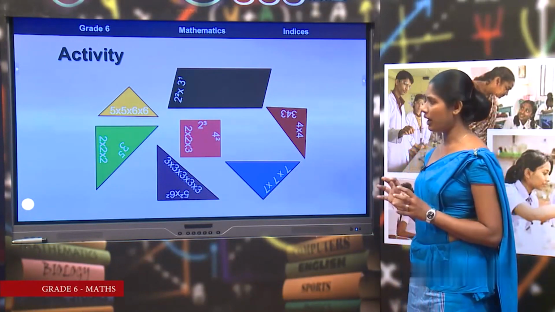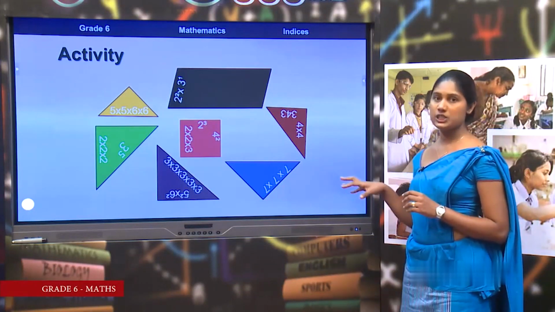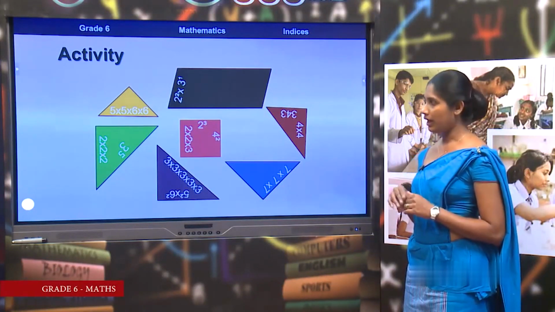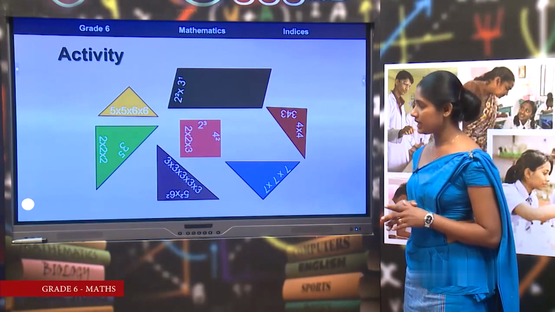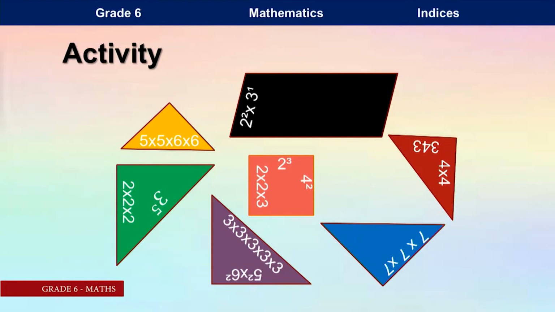Then can you find that index notation in these figures? I know you have found it, that is in the purple triangle. You can find it at the bottom of this page, that is 5 square into 6 square.